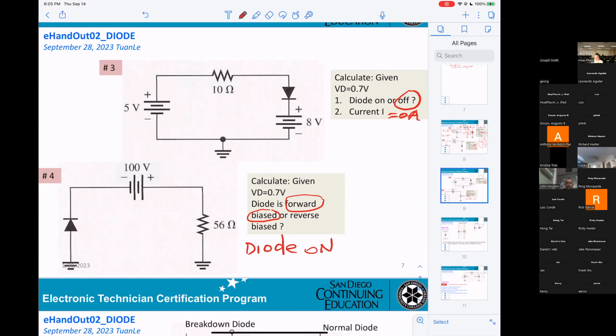This is a negative voltage, minus 100 volts, and this is 0. 0 volt is higher than minus 100, so that means it will be higher than 0.7. So the diode will be on.